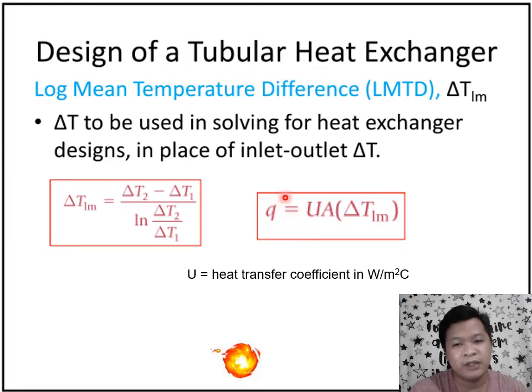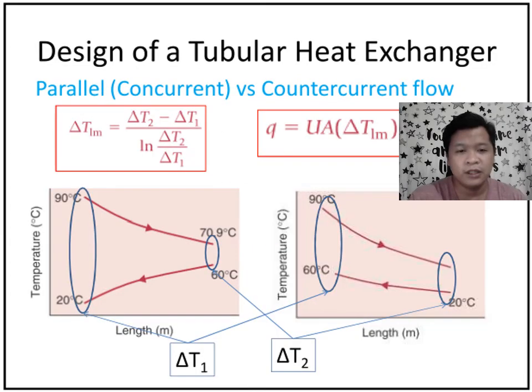But basically, in heat exchanger design, you get the area of heat transfer and the log mean temperature difference, and multiply that by your U to get your total Q. So the log mean temperature difference is calculated based on the difference between the left side and the right side of a heat exchanger. So inlet versus inlet, or inlet versus outlet, depending on the direction of the flow.